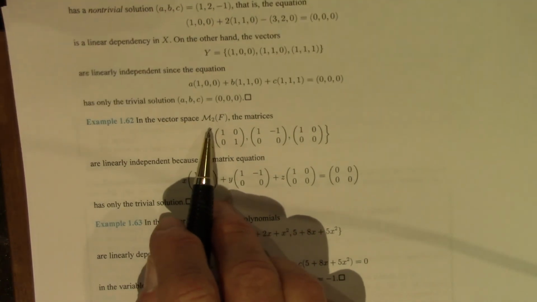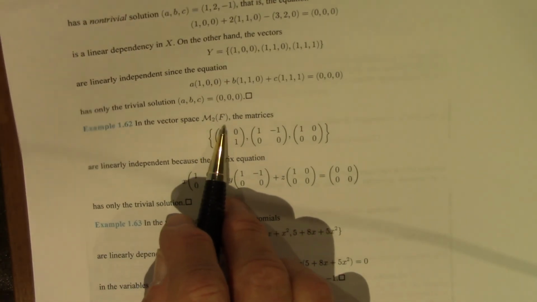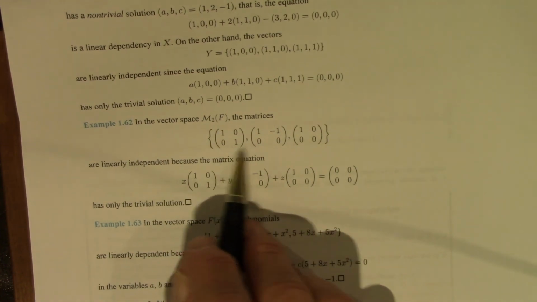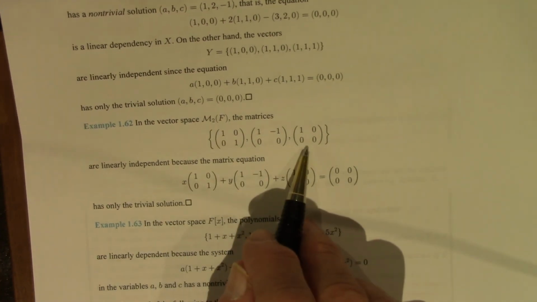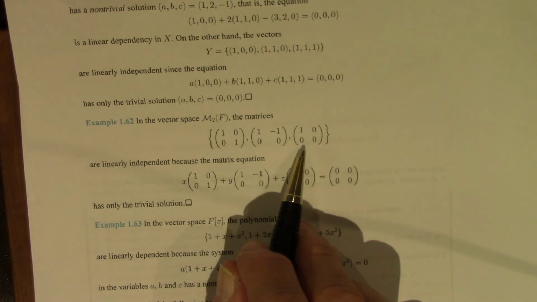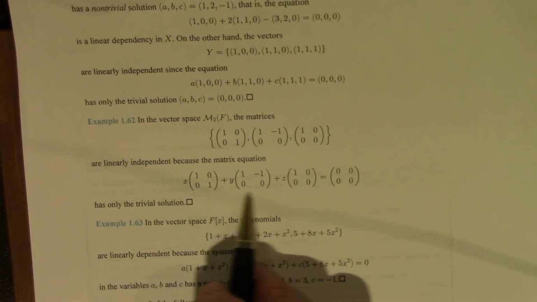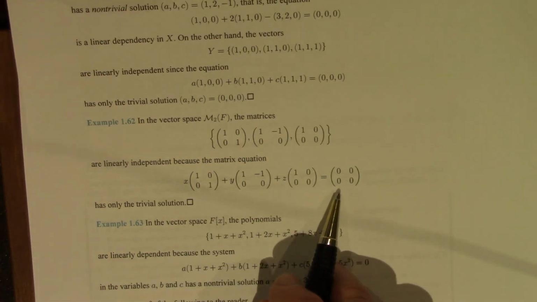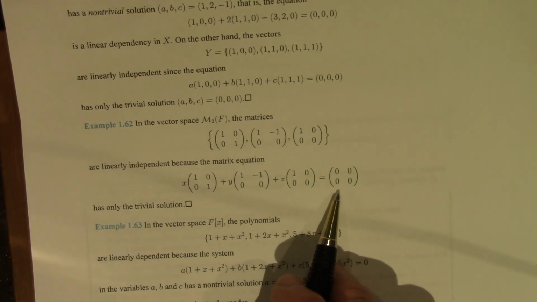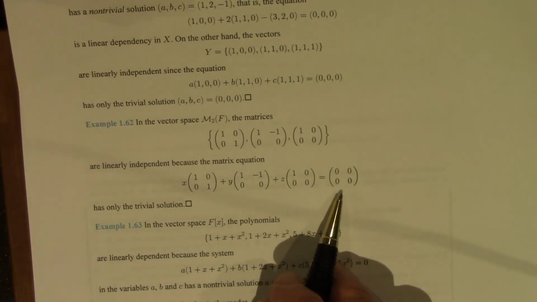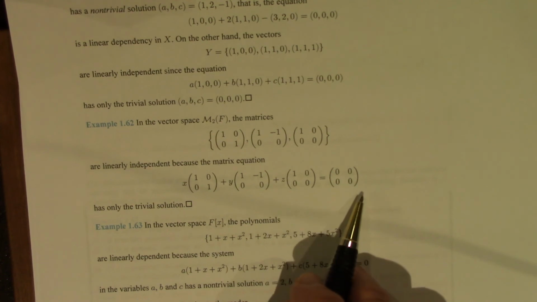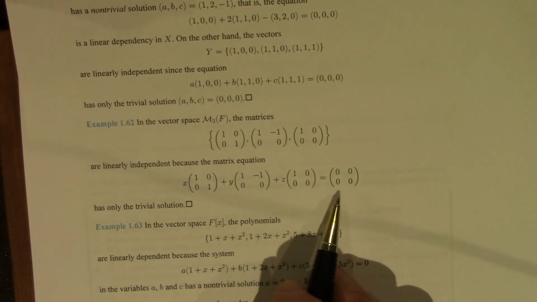For the vector space of 2 by 2 matrices over a field F, these three matrices are linearly independent because this equation, which is really a system of four equations in four unknowns, a homogeneous system, has only the trivial solution, which I'll let you verify.